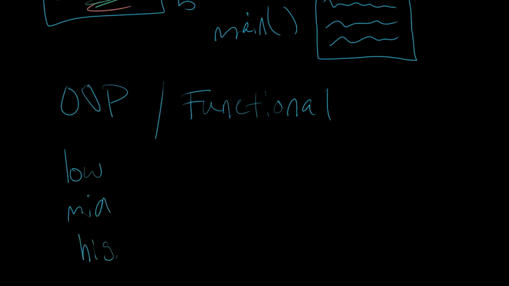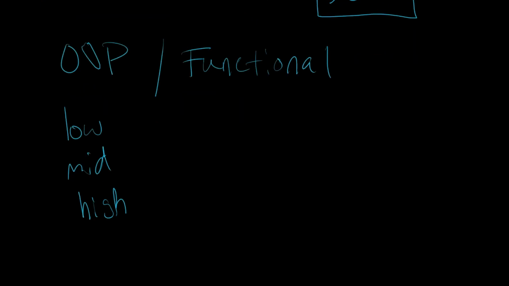You can probably guess what mid and high level are going to be like. Mid level is just in the middle. It's not extremely close to binary, but it's somewhere in the middle. And then high level is really easy to comprehend. It's really easy to write, and it's not very complicated at all. And as we go in time, our programming languages get easier and easier to write and read.